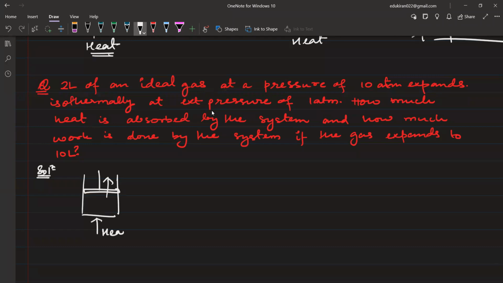Look, what happened here? You gave the system Q amount of heat, and the system used the same heat to do the work. So when the system does the work, it is equal to minus W, and you can write W is equal to minus Q. So these equations are valid, and delta U will be equal to 0 in these cases when you have isothermal expansion. Why?